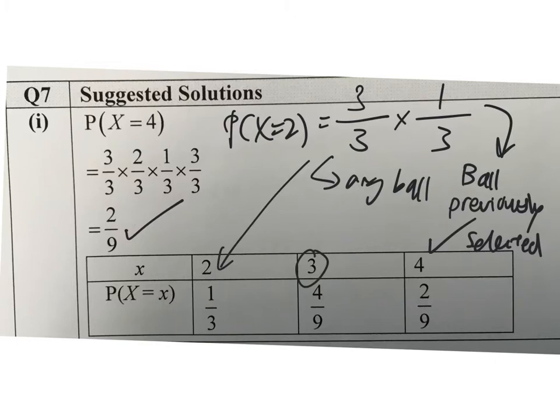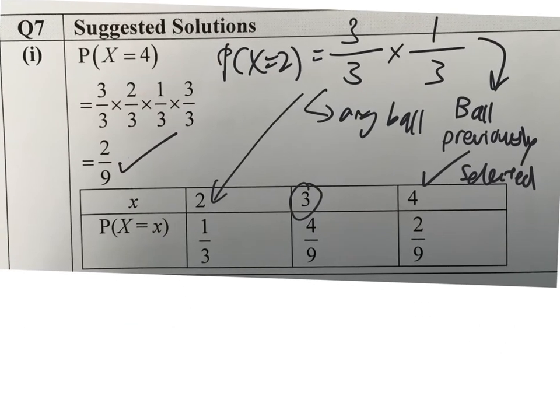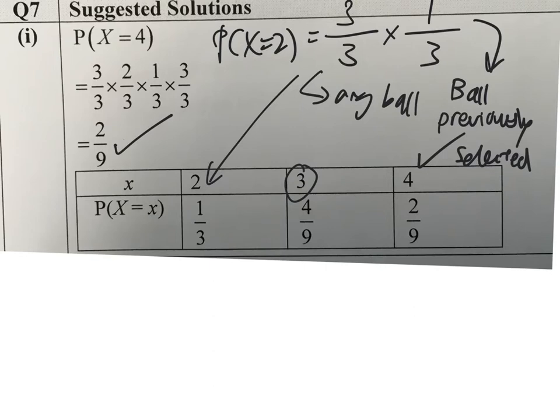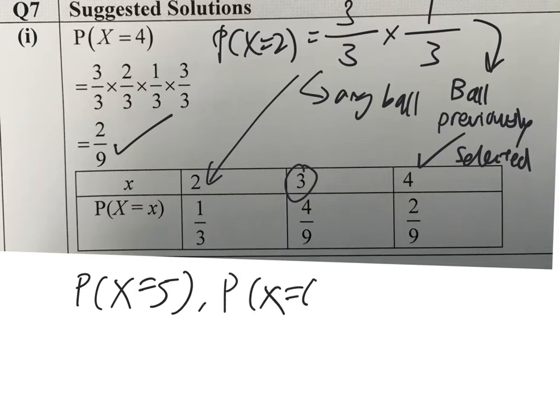All you have to do is find P(X=3). One very simple way to work around it to find 4/9 is to notice that for P(X=5), P(X=6), and so on, is there any way to have 5 draws?